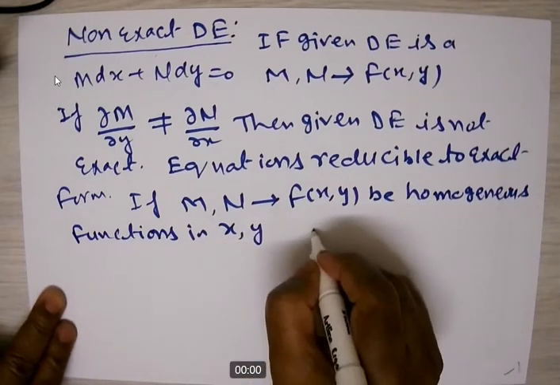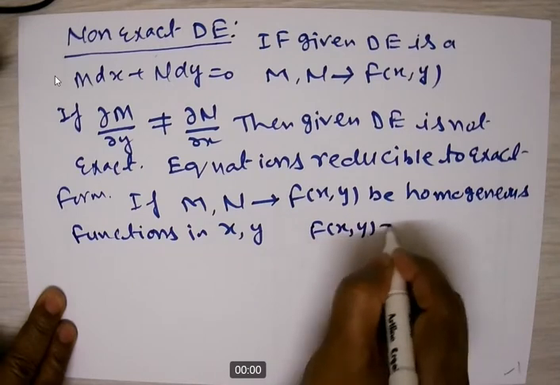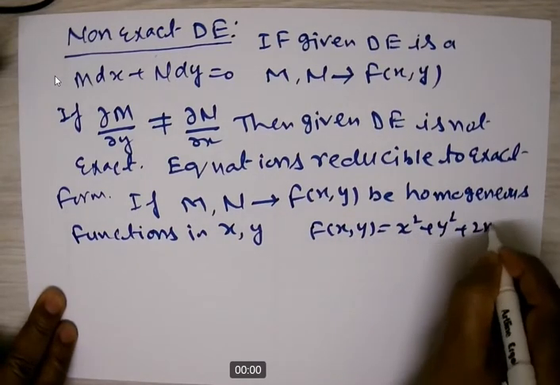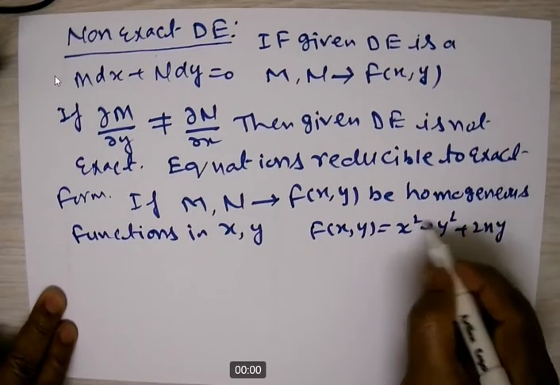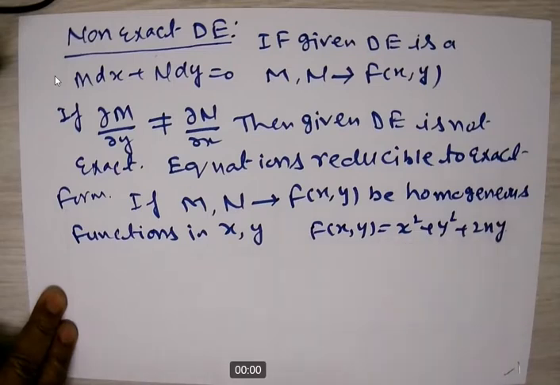What is the meaning of this? If f of x, y is given as x square plus y square plus 2xy, here degree is 2, here degree is 2, and xy also has degree 2. This is called a homogeneous function.